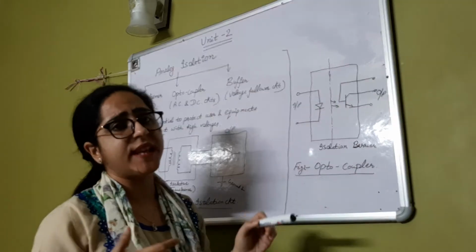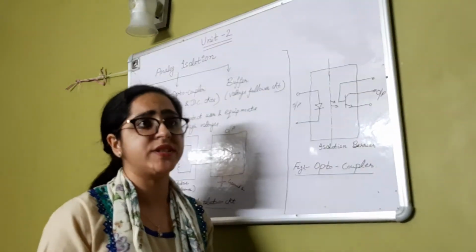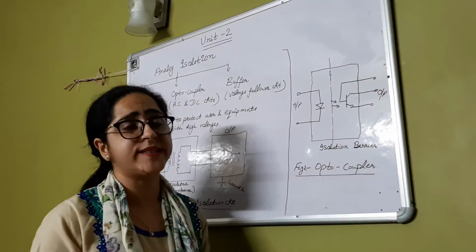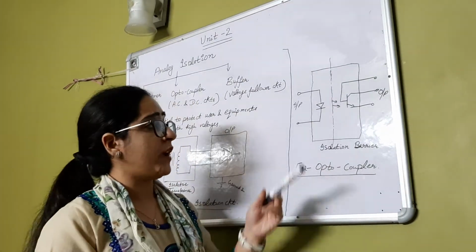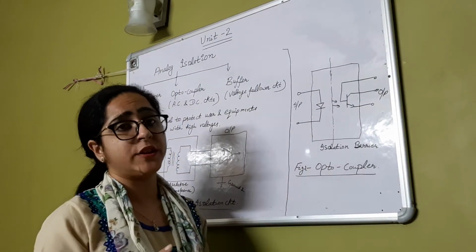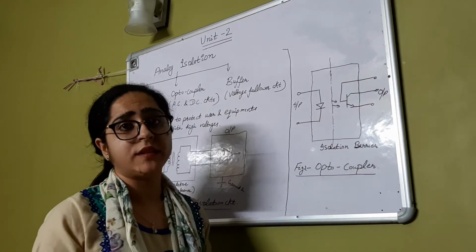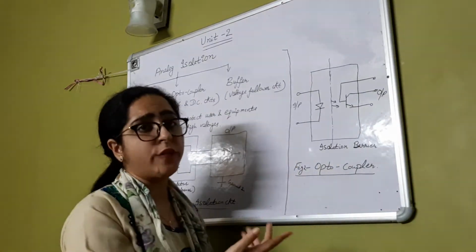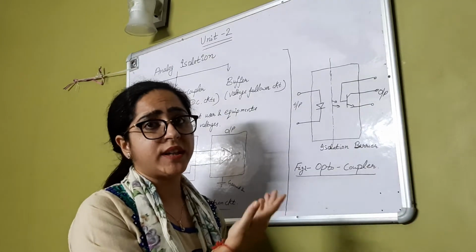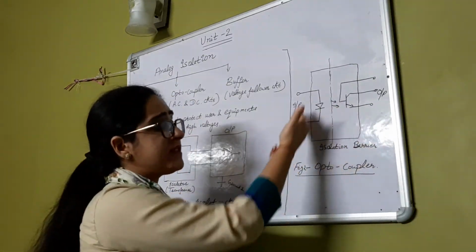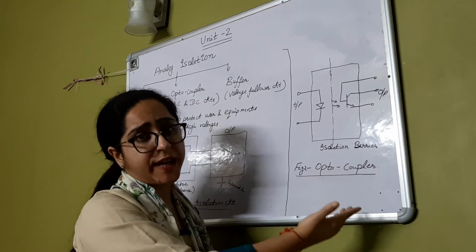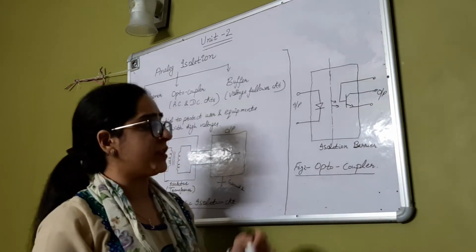And sometimes, as LEDs are quite sensitive to temperature, due to overheating the LED will blow off, and LED wear can be a disadvantage when we are talking about analog input output isolation, right?